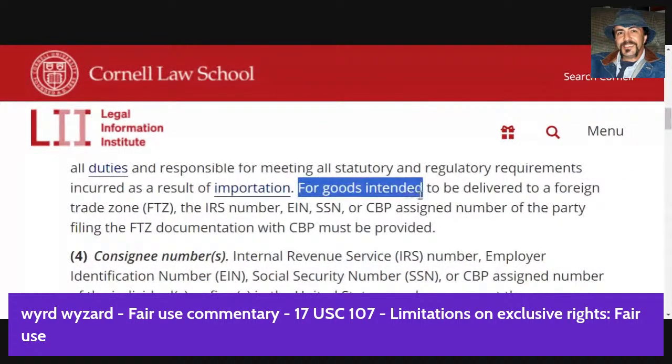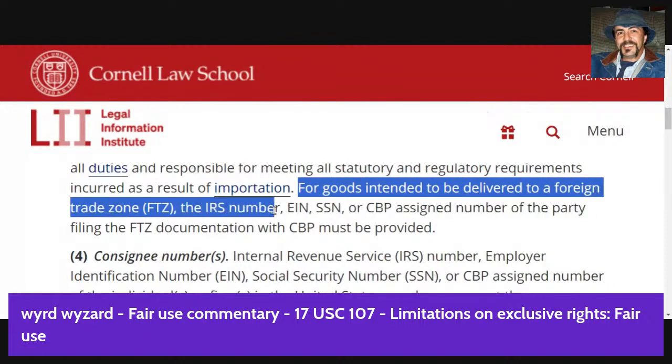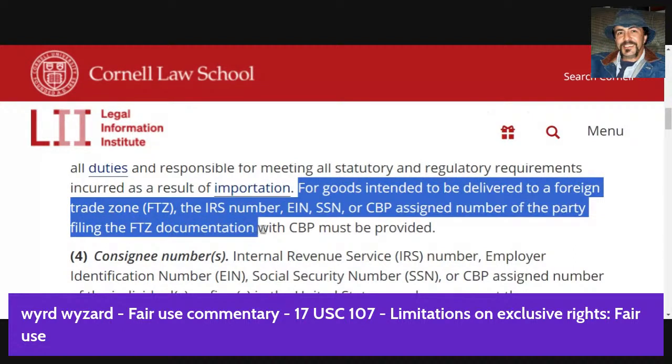For goods intended to be delivered to a foreign trade zone, the IRS number, EIN, SSN, or CBP assigned number of the party filing the FTZ documentation with CBP must be provided.